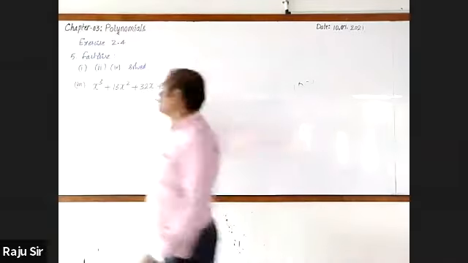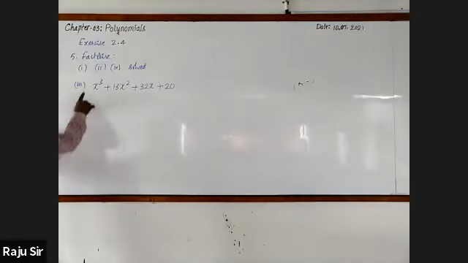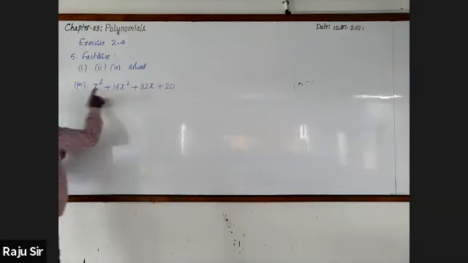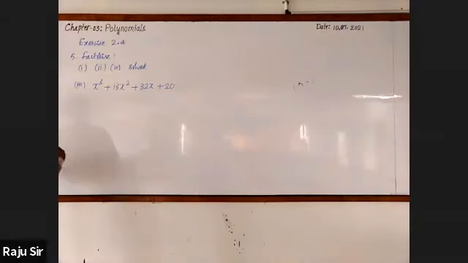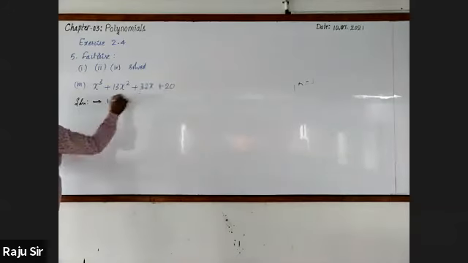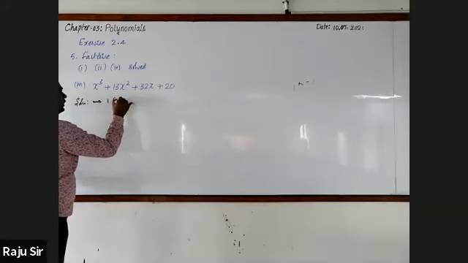By factors of the last coefficient, factors of 20. The very first step, we will go for multiplying the first coefficient and the last coefficient. It is 1 and this is 20. 1 into 20, it is 20.